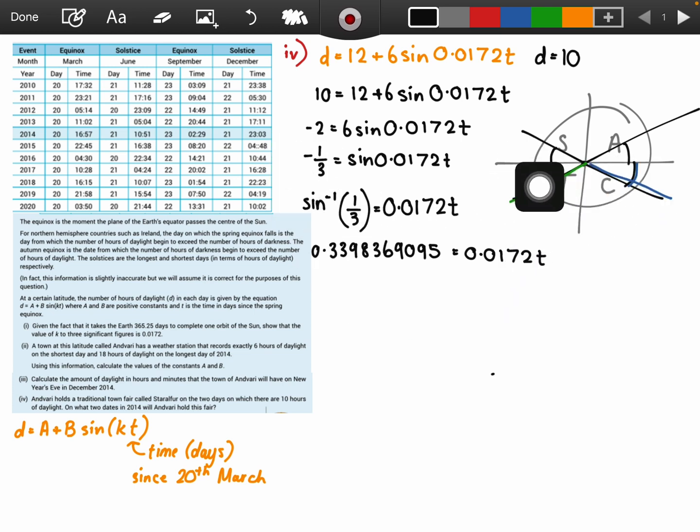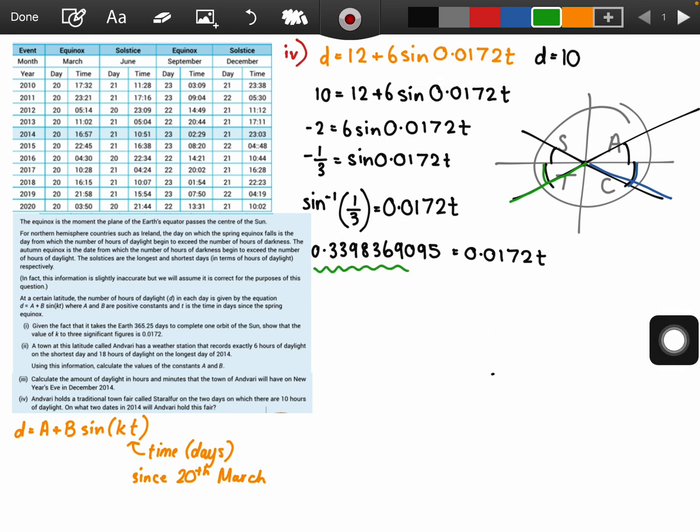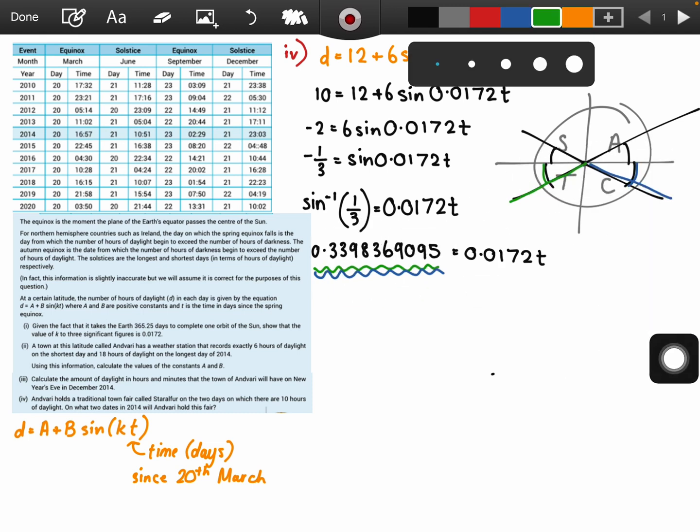So it needs to be in this third or fourth quadrant here. So we need to figure out what that number actually should be. Okay, so we're going to switch this up slightly. That's not the actual angle, okay? It's the reference angle with the horizontal line. So that is my reference angle, and I need to figure out what the full angle is.